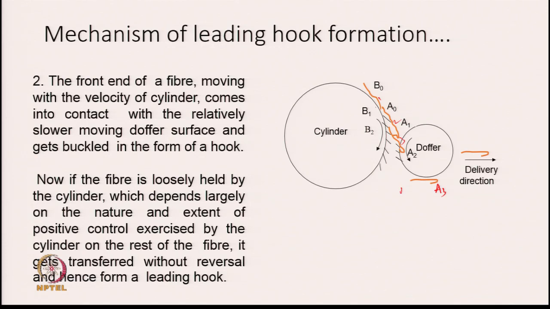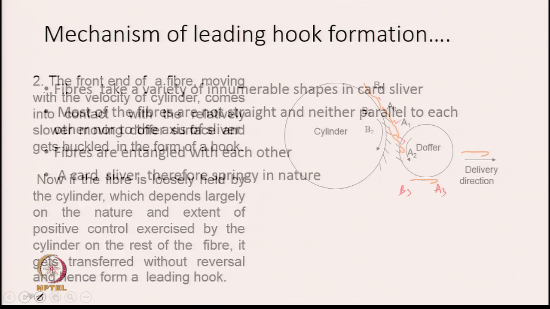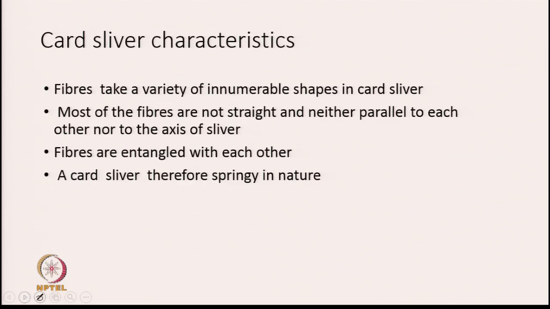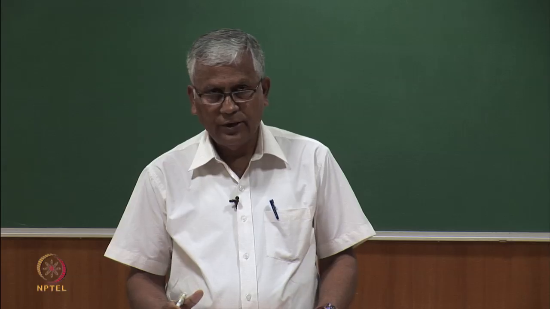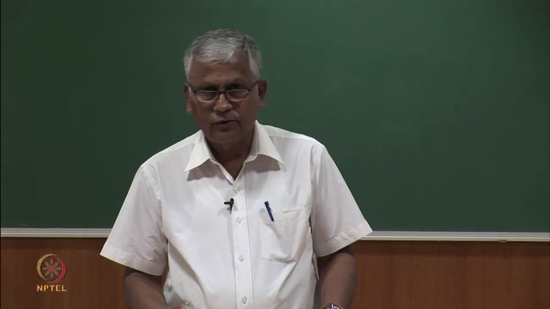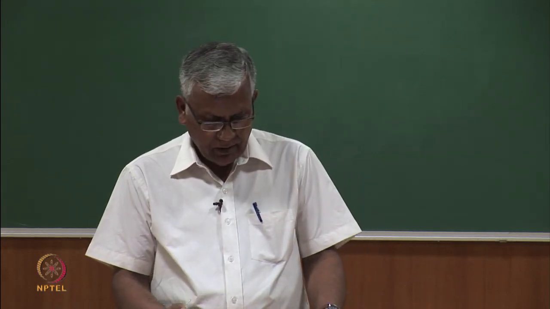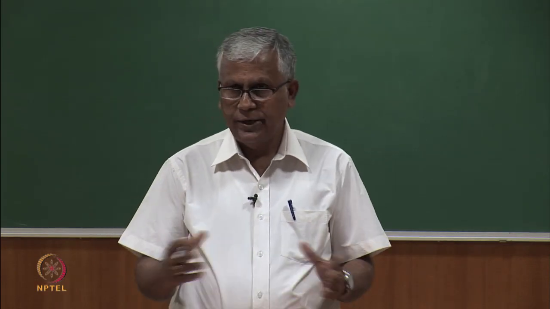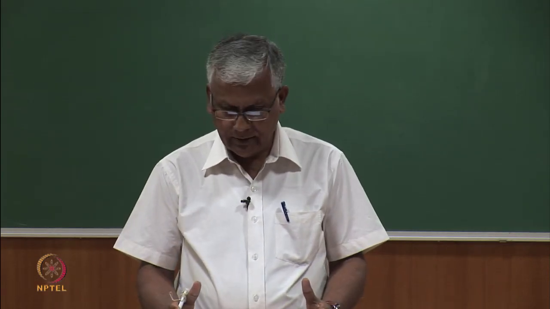So, this is A3 B3, and in the same way the fiber will move out and we call them leading hook fibers. These are the two mechanisms of the formation of leading hooks, and we have already discussed the formation of trailing hooks, but there are many different configurations of fibers.